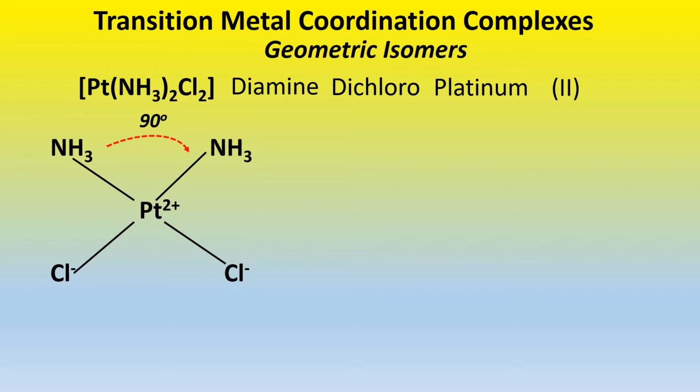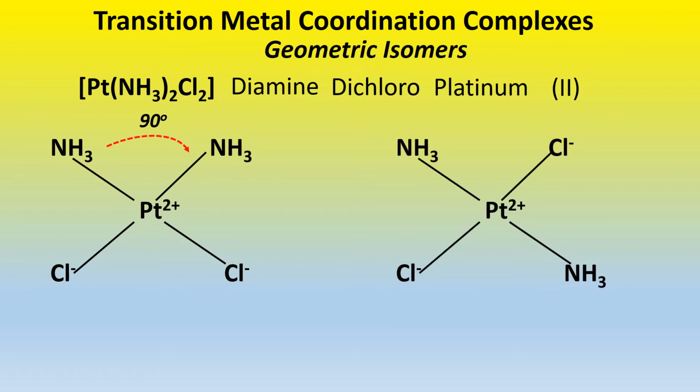But then if you look at this closely, you realize this is not the only way this complex could be drawn. Instead of ammonia, ammonia, chloride, chloride, AABB, I could also draw alternating ammonia, chloride, ABAB.